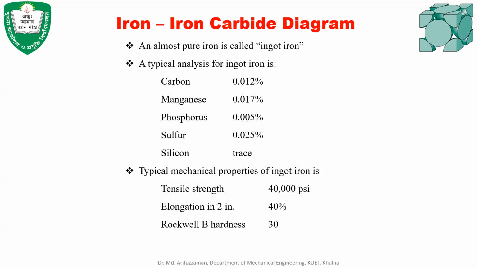This is the mechanical property of pure iron. You need to know that, because in the later slides you will see how the mechanical properties of pure iron can be modified using various processes.